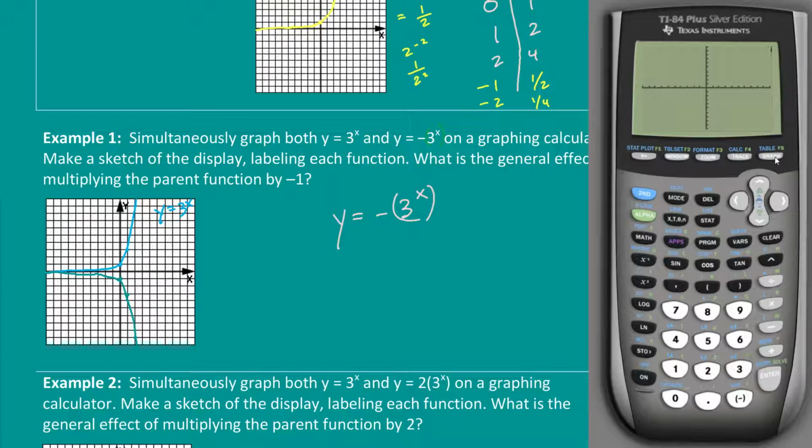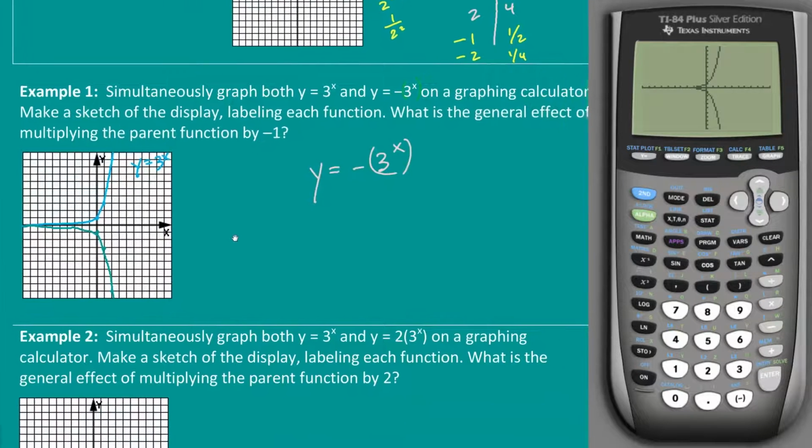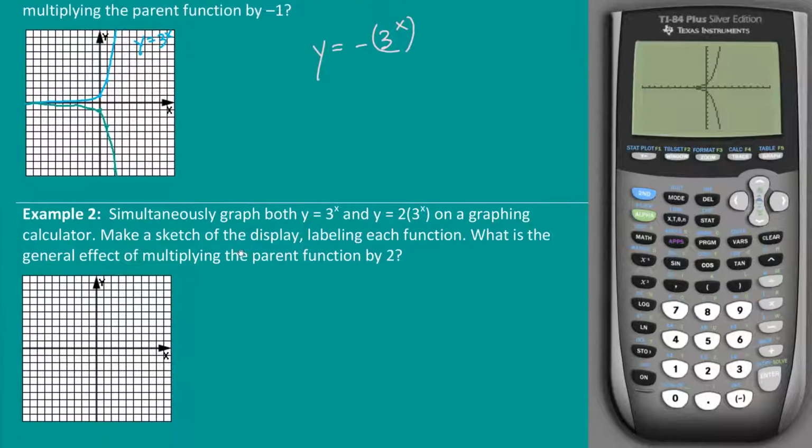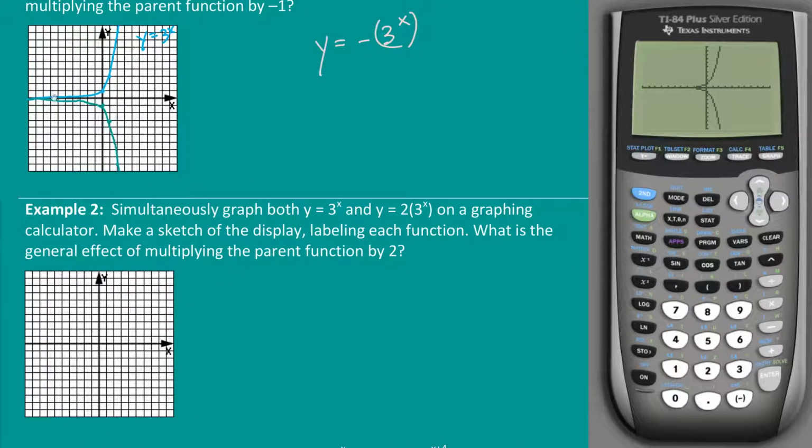You graph that out, and it should look exactly like what we did before. It's up and down. And really what's important about this is it reflects across the x-axis when you have a negative.